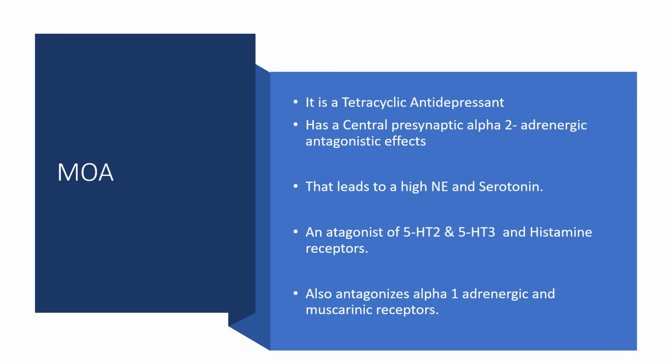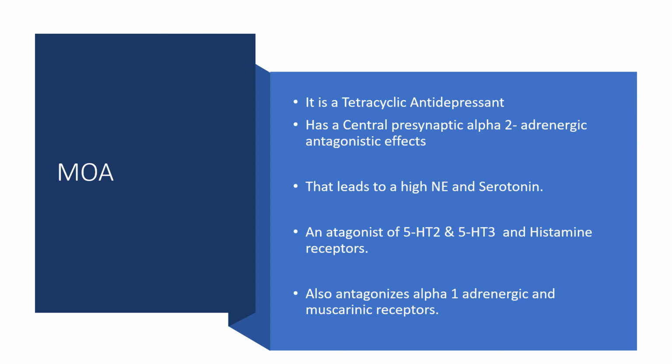Mechanism of action. Mirtazapine is a tetracyclic antidepressant, not tricyclic. It's tetracyclic, and is even an atypical antidepressant. It has a central presynaptic alpha-2 adrenergic antagonist effect, and that will lead to high levels of norepinephrine and serotonin.